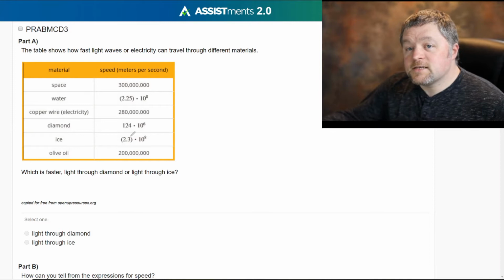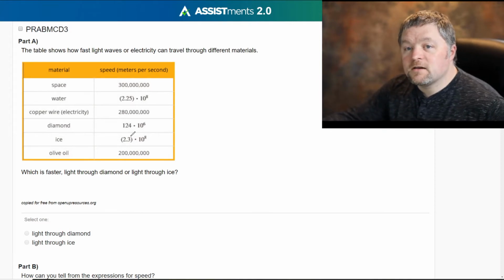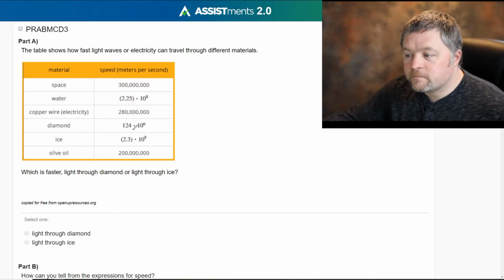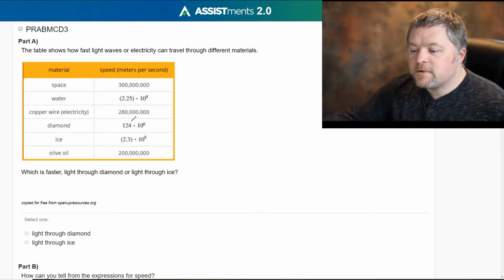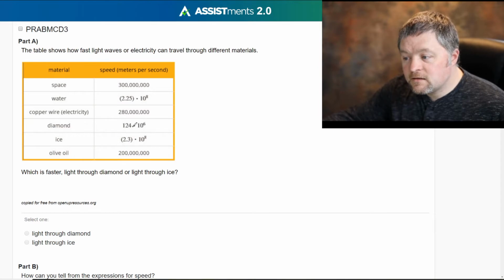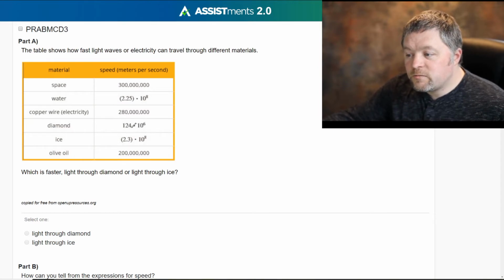To figure this out, we have to put things on an even playing field. Because diamond is currently set up on our table here as 10 to the power of 6. The decimal point is here.